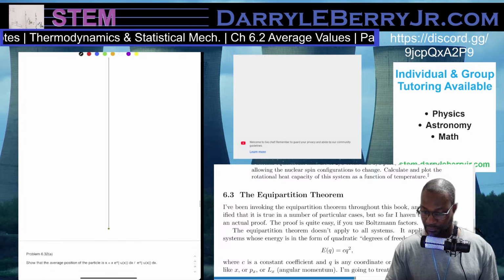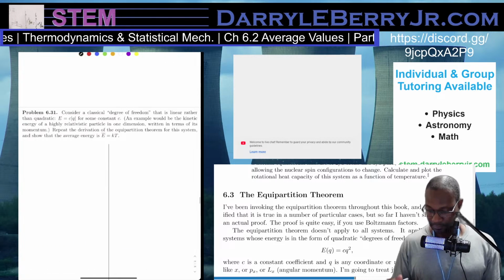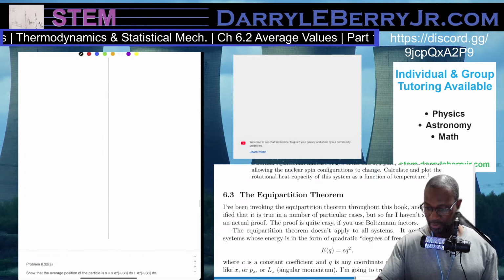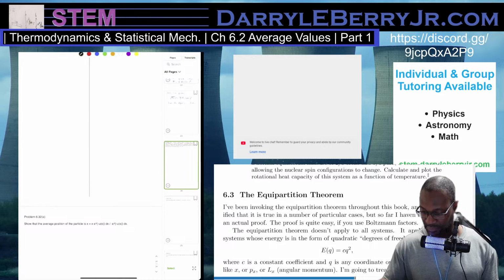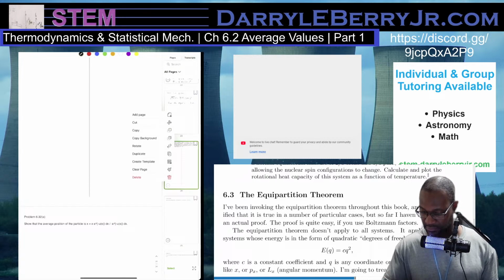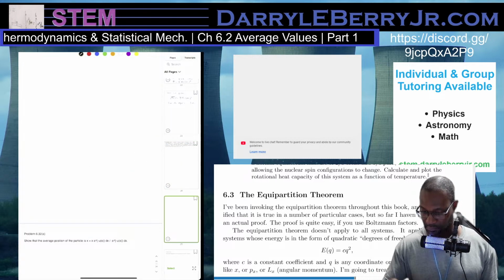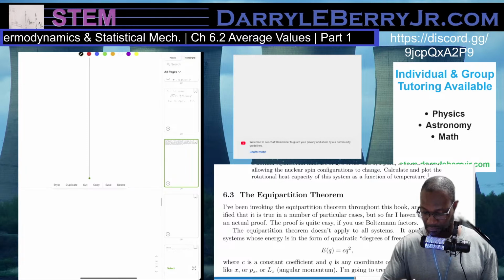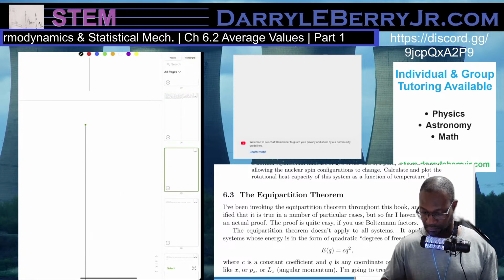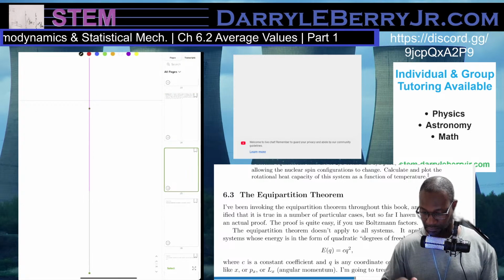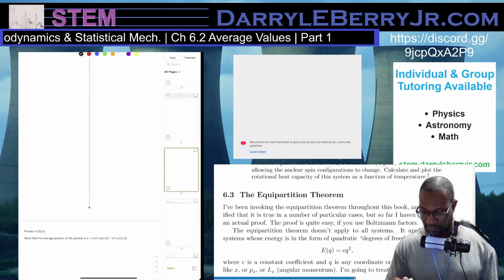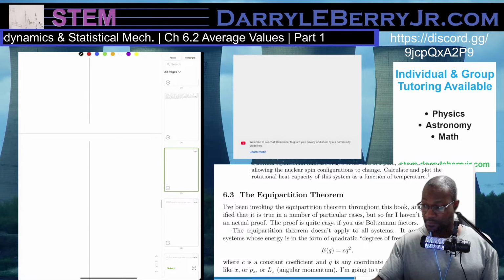That's vertical, so we have that in the middle. And I'm pretty sure I'm going to need more than one page.